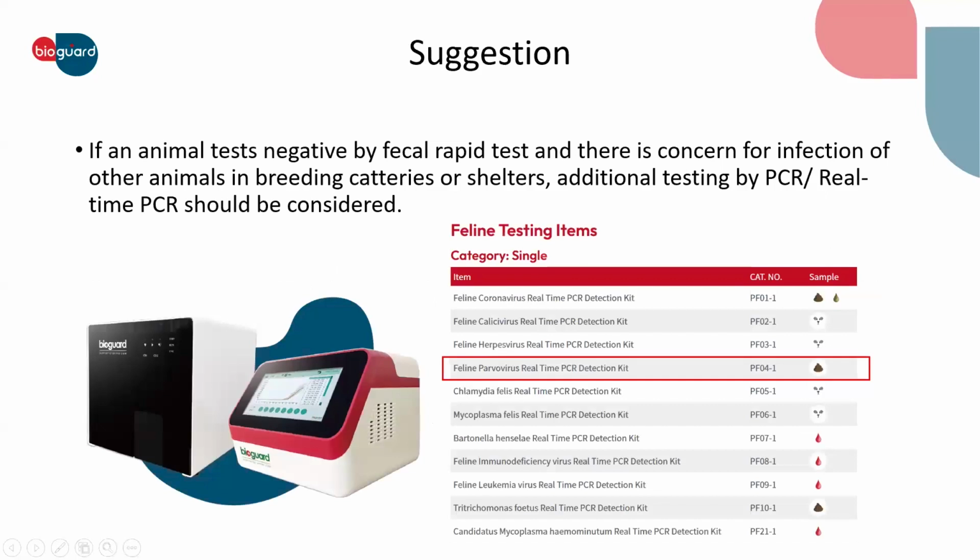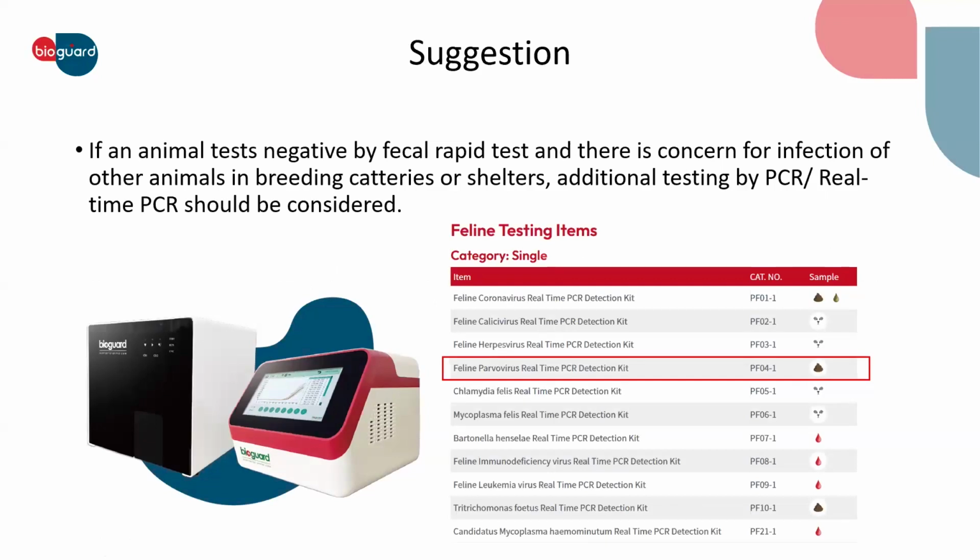So our suggestion is, for the diagnosis of FPV or CPV, if the animal tests negative by fecal rapid test, and there's a concern for invasion of other animals in a breeding cattery or shelter, additional testing by PCR or real-time PCR should be considered.